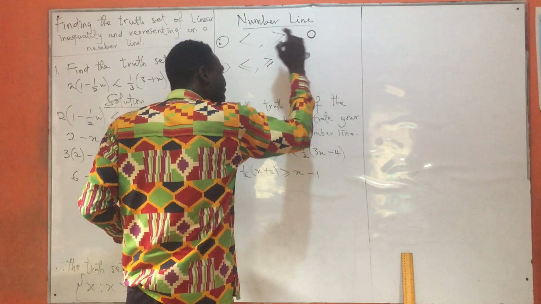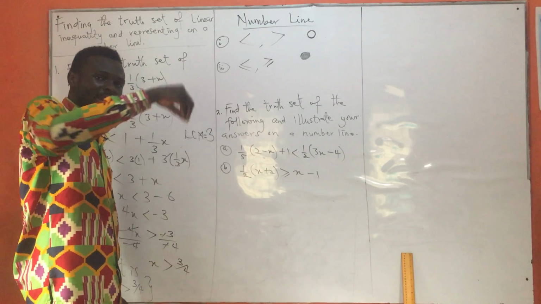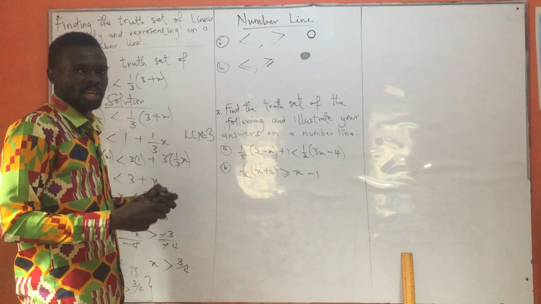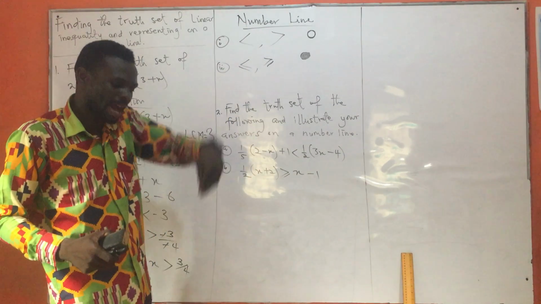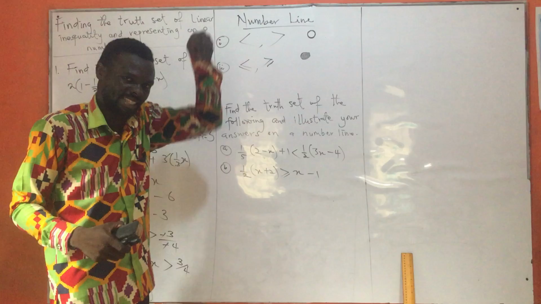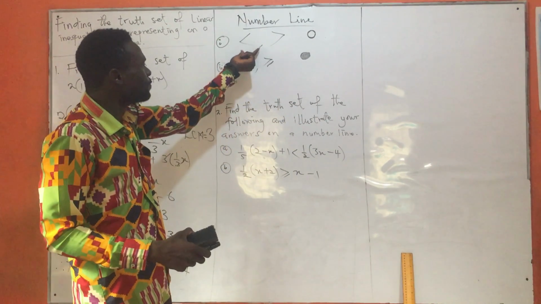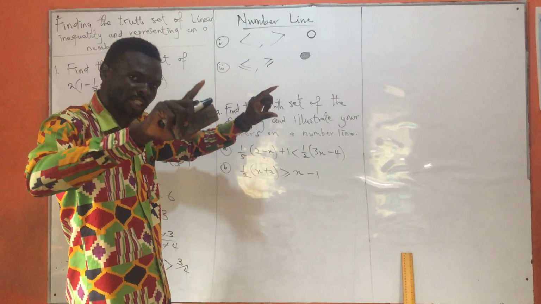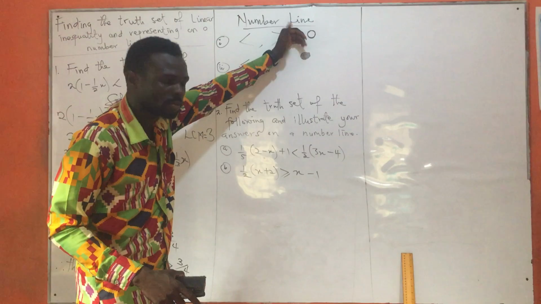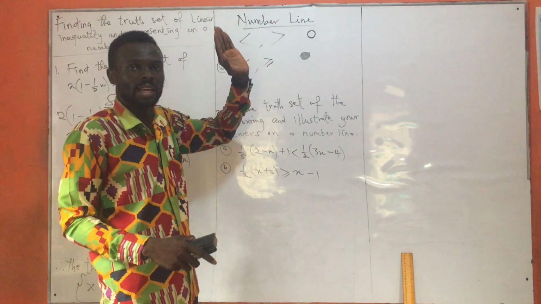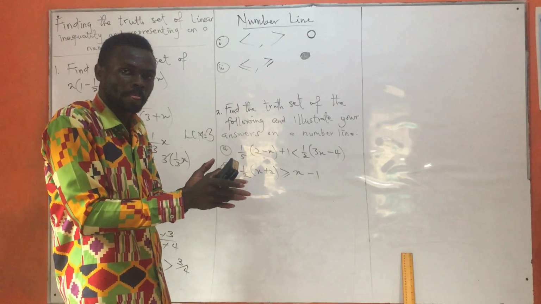Now, these are the two key important things we should know. When we are representing on a number line, we are trying to know where the number starts or where it ends. So if the sign we are working with in the expression is less than or greater than, then we just draw a ring or a circle on the number.